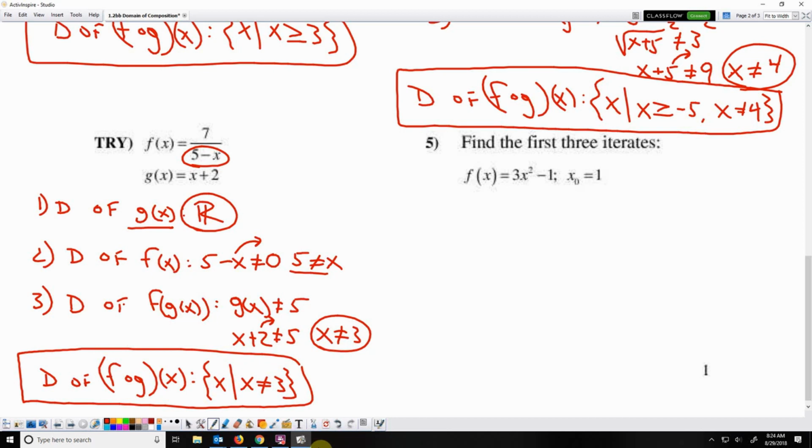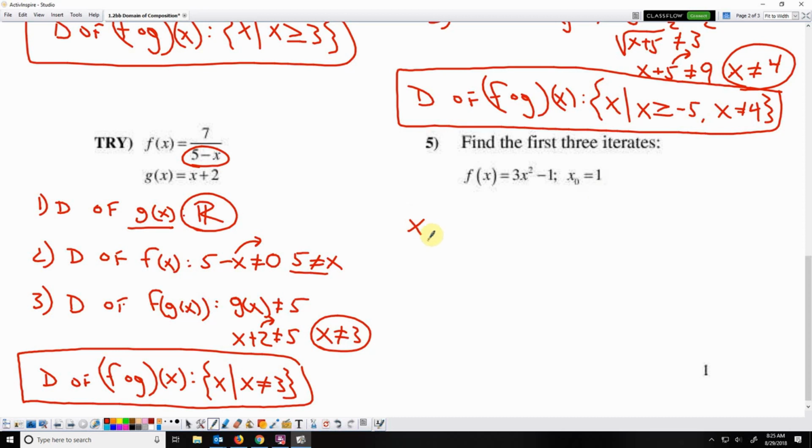In our last question here, find the first 3 iterates. So this is related to what we've been doing here with composing functions, because an iteration is when you compose a function with itself. In this case, we've got a function here, and its initial value, x sub 0, or the 0th iterate, has a value of 1.